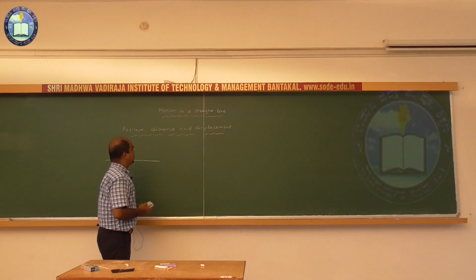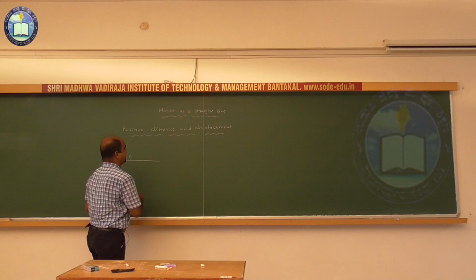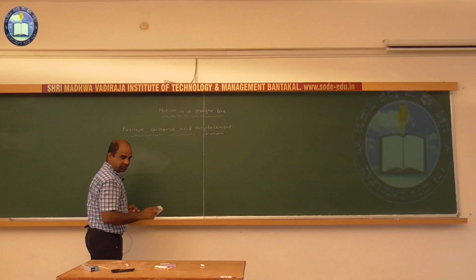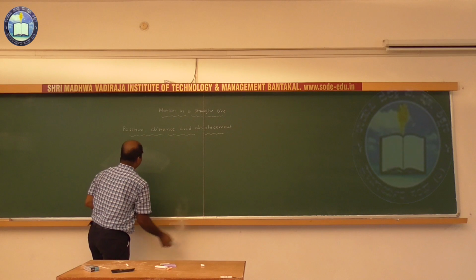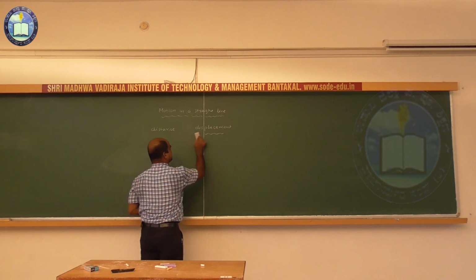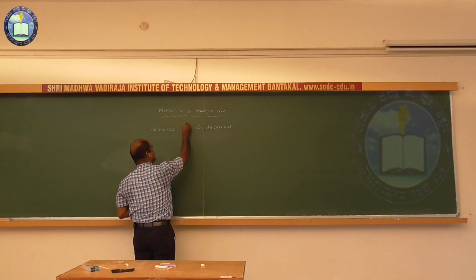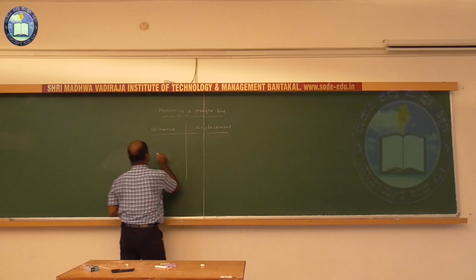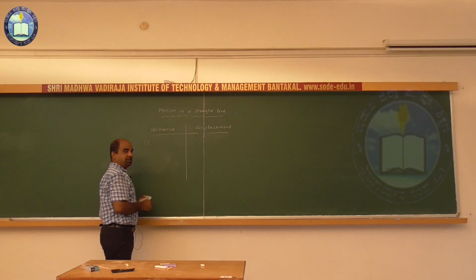We also discussed what the difference between distance and displacement is. So what is distance? Length of the path traveled by a body is called distance, isn't it? What is displacement?